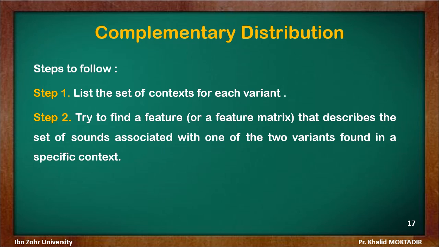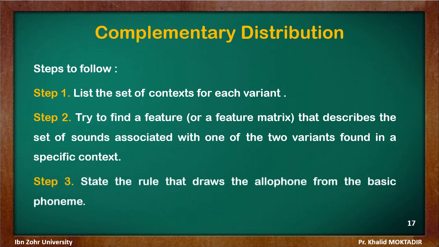If you can specify the context using a single feature matrix, then you have laid your hand on the right solution. Now, step 3 is where you state the rule that specifies how you derive the allophone from the basic phoneme. In other words, here you will have to go back to the elsewhere condition principle and apply it to one of the two variants, and so you can determine which one is the basic form and which one is the allophone.